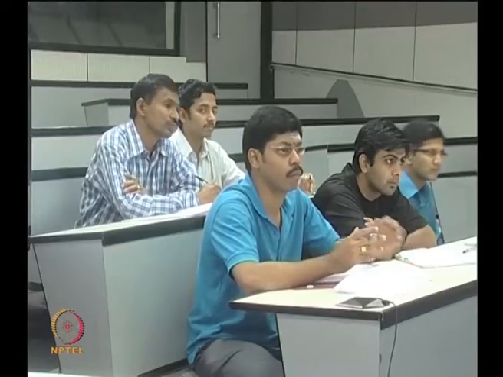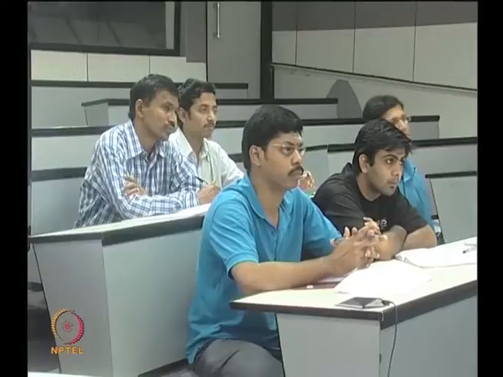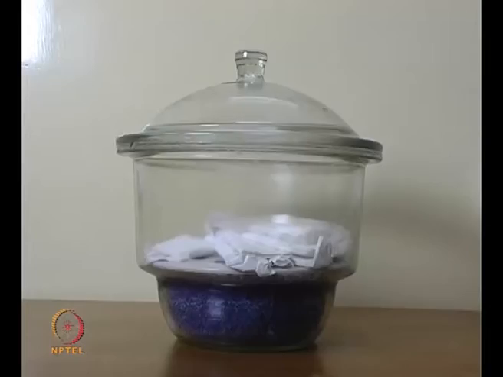Let us now see how photoelastic models are preserved. This is a desiccator which is used for storing the photoelastic models, and what you see at the bottom in blue is silica gel which absorbs the moisture, and even the lid is put very carefully on the desiccator.